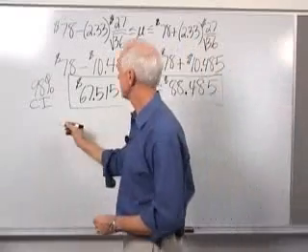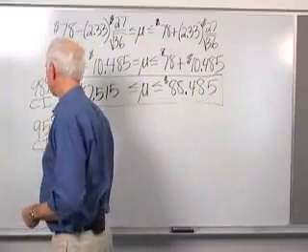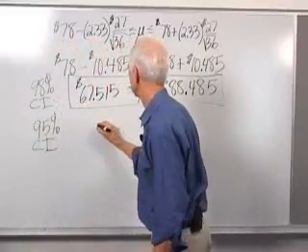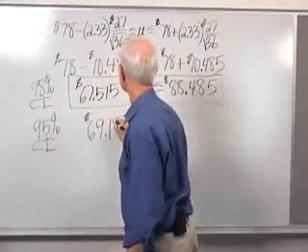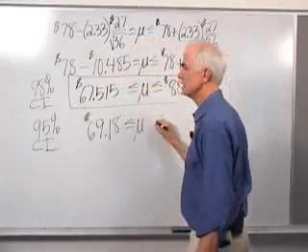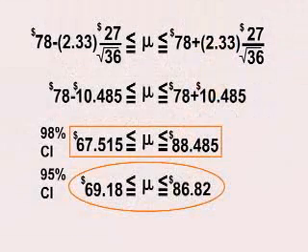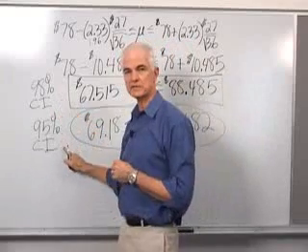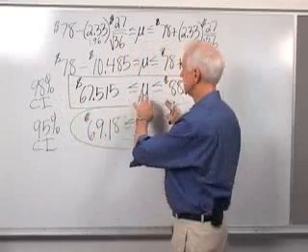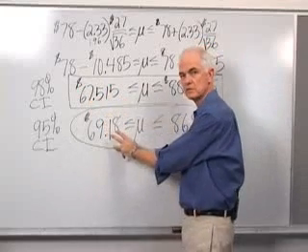Let's compare it to our 95% confidence interval that we obtained before, which was $69.18 less than or equal to mu is less than or equal to $86.82. So we have a 98% confidence interval and a 95% confidence interval, and the 98% confidence interval is wider than the 95% confidence interval.